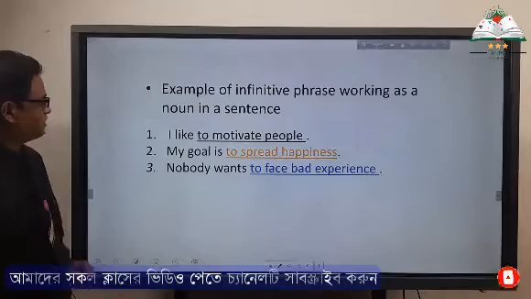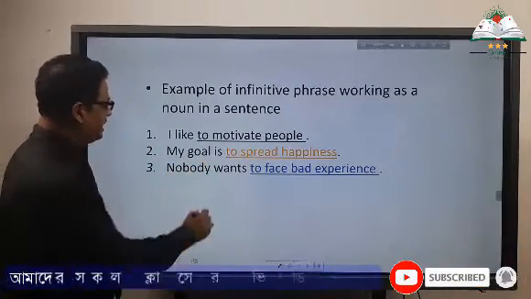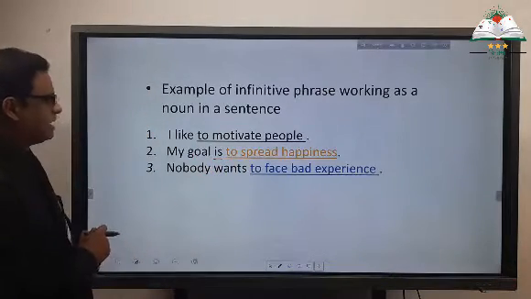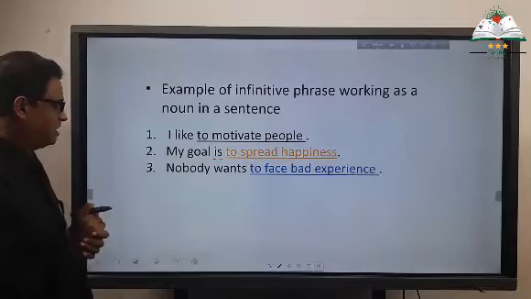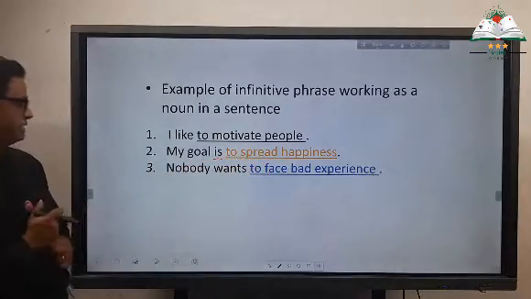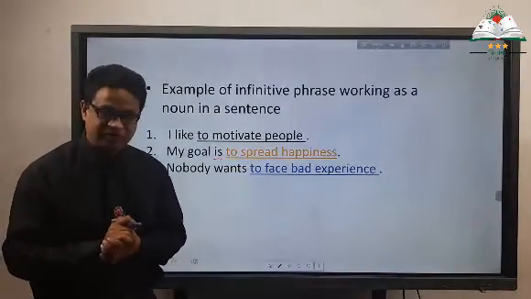Come to the second sentence. My goal is to spread happiness. Here is your verb, and to spread happiness is a complement to the verb is. So, it is also used as noun. Come to the third example. Nobody wants to face bad experiences.